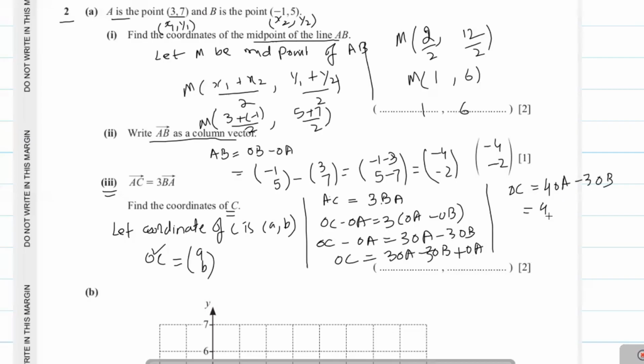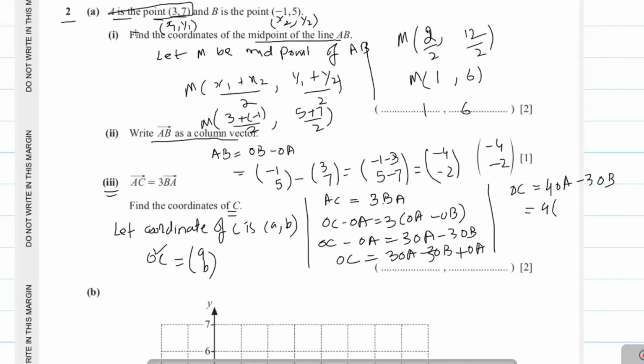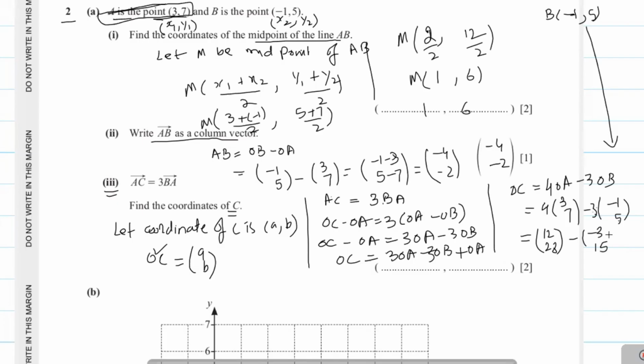And we write column vector OA, the coordinate of A is (3, 7). Therefore, column vector of OA will be (3, 7). For OB, the coordinates of B are (-1, 5). Therefore, the column vector will be (-1, 5). And we simplify: 4 times 3 becomes 12, and 4 times 7 is 28, minus 3 times -1, minus 3, and 3 times 5 is 15.